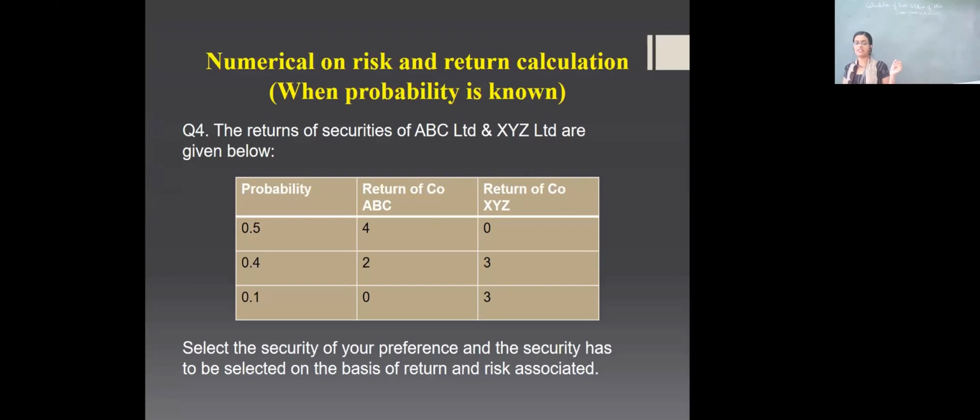There is a 50% chance of ABC company giving you a return of 4%, and XYZ giving you a return of 0%, and there is a 40% chance that ABC company would give you a return of 2%, and XYZ company would give you a return of 3%, and there is a 10% chance that ABC company would give you a return of 0, that is nil, and there is a 10% chance of XYZ company giving you a return of 3%. So this is how you interpret the data that is given to you.